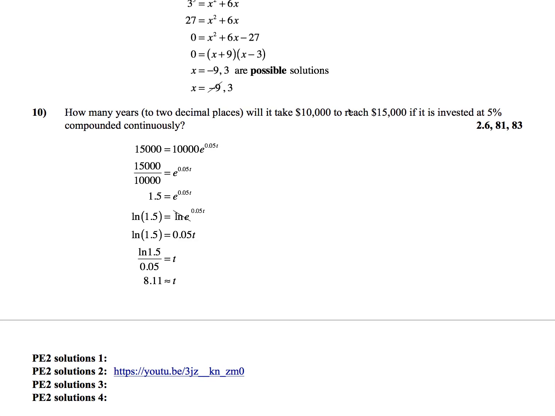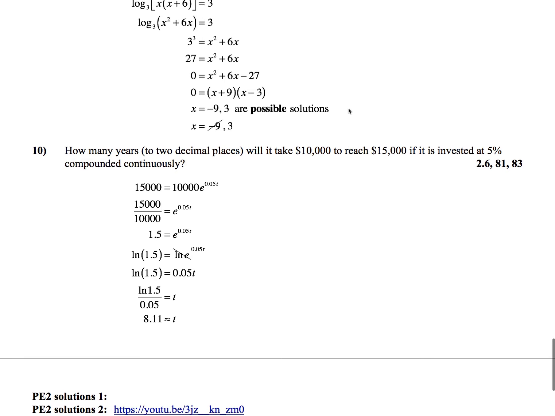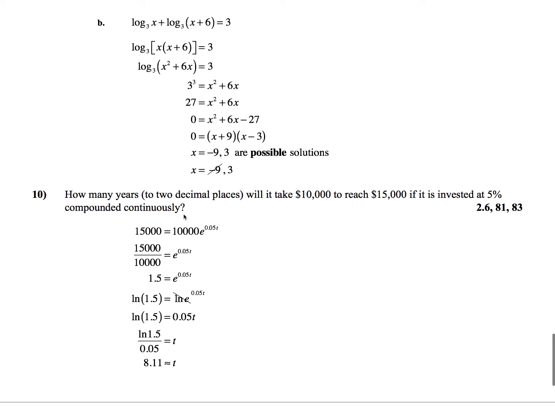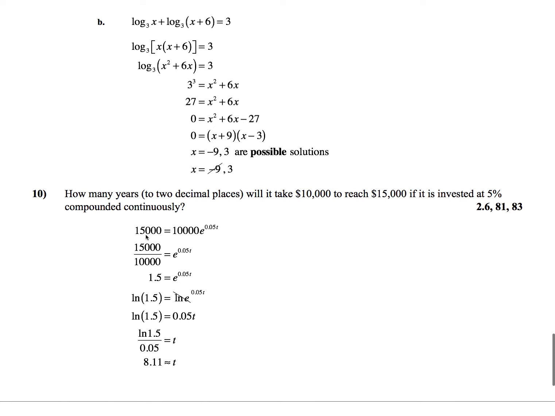Now, in question 10, we have continuously compounded interest, for a principal of 10,000, and we want to know how long it's going to take to mature to 15,000 if the interest rate is 5%, and of course it's compounded continuously.